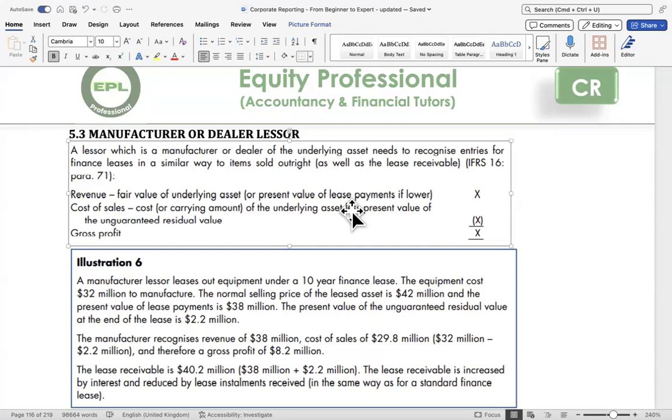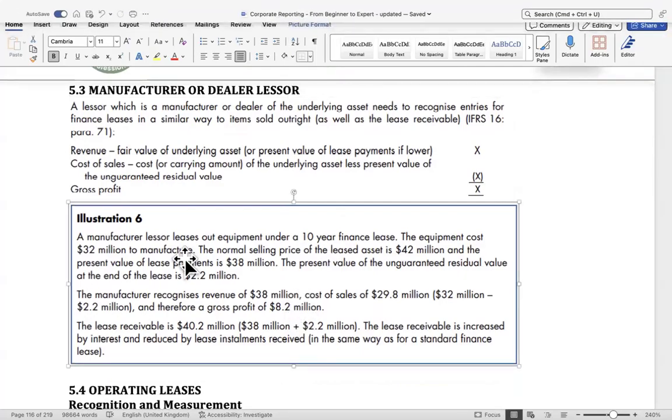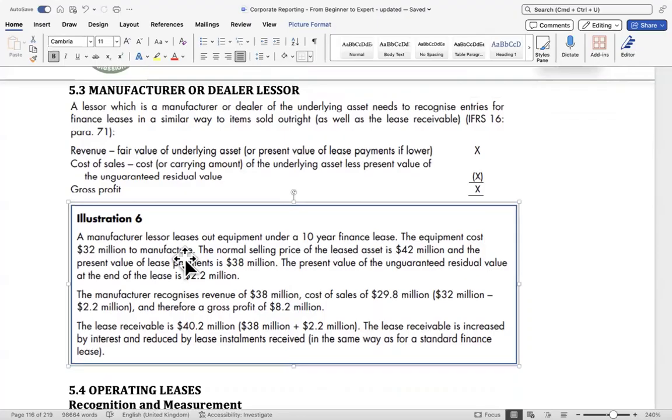So there's a question just for me to put figures to what I've been explaining. It says that a manufacturer lessor, so that's a dealer lessor or a manufacturer lessor, leases out equipment under a 10-year finance lease.